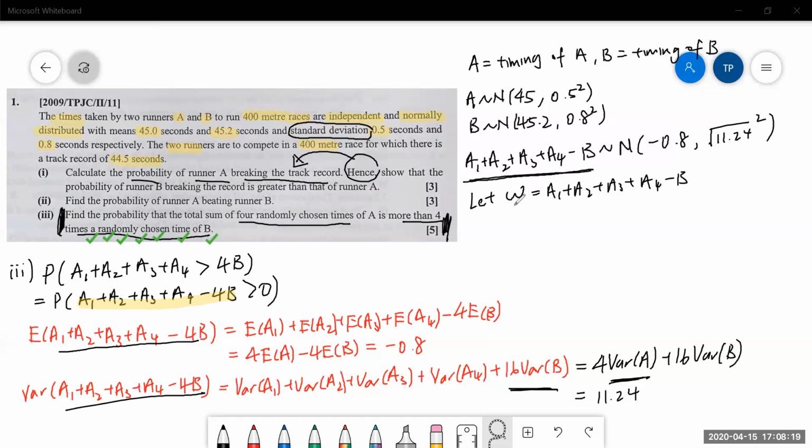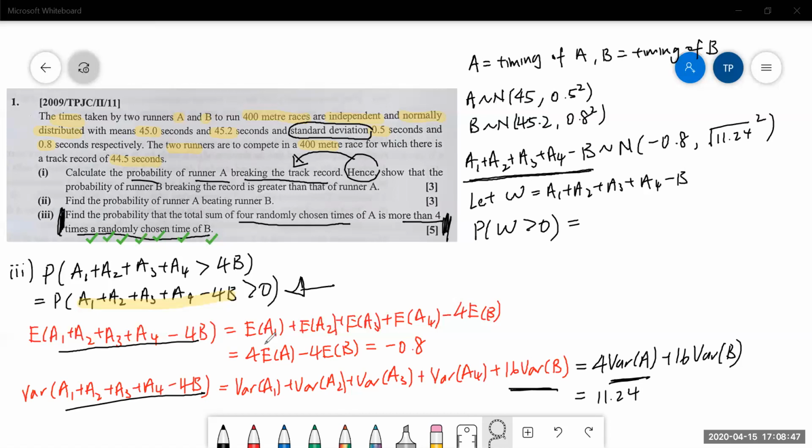So in the exam, to save some time, you may want to redefine your new random variable as a single letter. Then you make things a lot easier and faster. So you need to find the probability of W being greater than 0, because keep in mind the question. From here, you'll be able to find your answer.